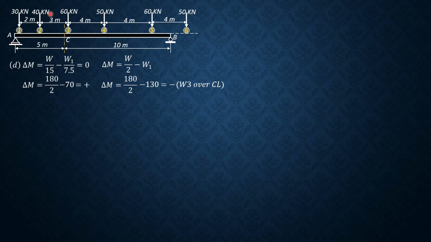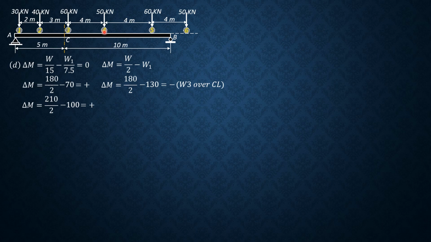So W would be 40 plus 60, 100 plus 50, 150 plus 60, 210. Again, 50 is out of span. So 210, but W1 would only be 40 and 60, or 100. So 210 over 2 minus 100 is positive.